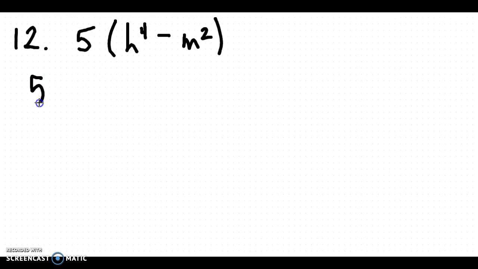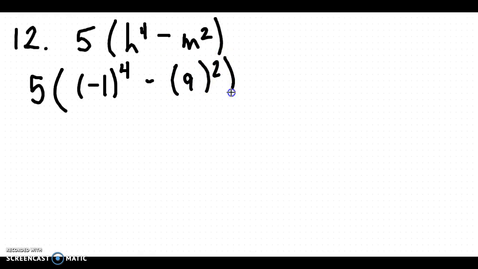So essentially we have 5 times parentheses negative 1 to the 4th minus 9 squared, close parentheses. The first thing we want to do is worry about what's inside of our parentheses, and the exponents are going to come first. So let's think about this.